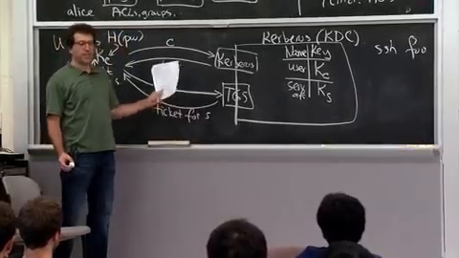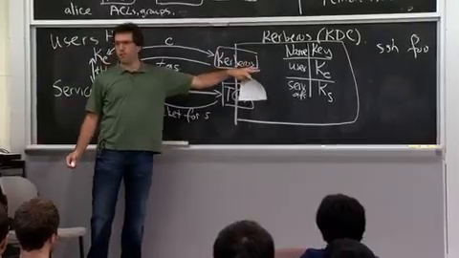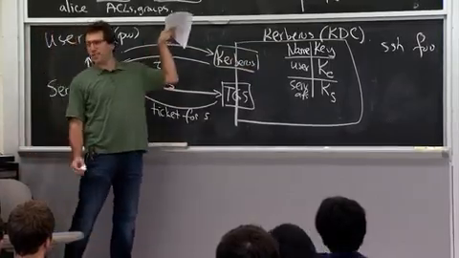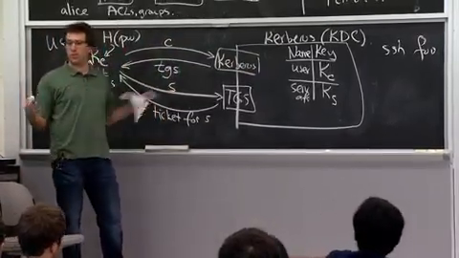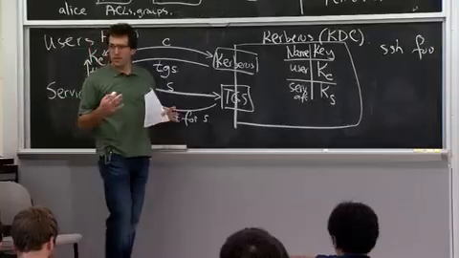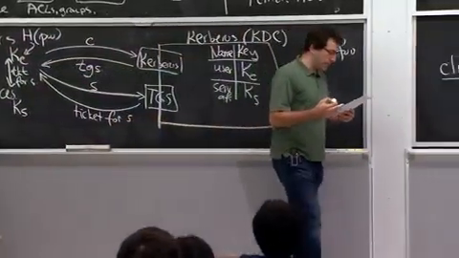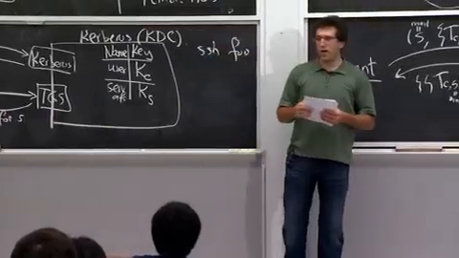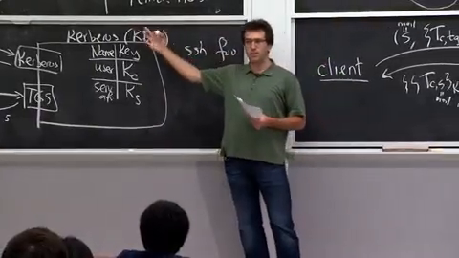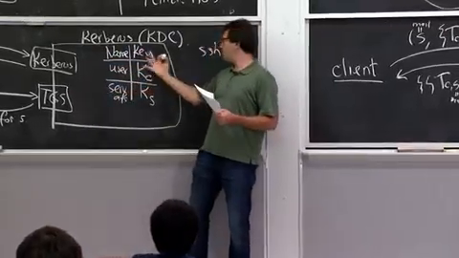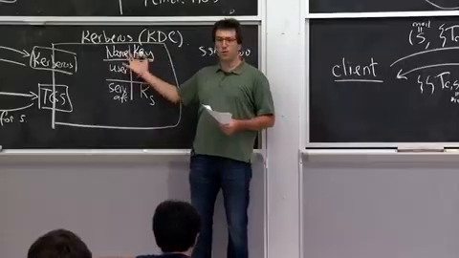But the cool thing is that the KDC is largely off the critical path for existing connections. No data passes through the KDC. And if you already have a ticket for something, you can keep using it and keep logging into some service over the network. So in that way, it's actually quite nicely cacheable. I guess the other nice thing is they have a way of replicating the KDC. They have one master Kerberos server that stores the primary copy of this whole database.